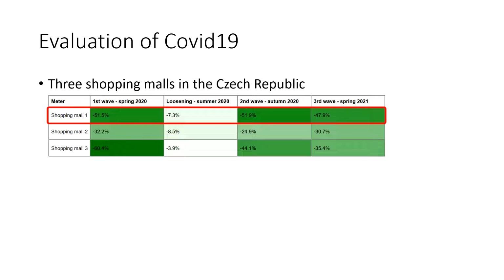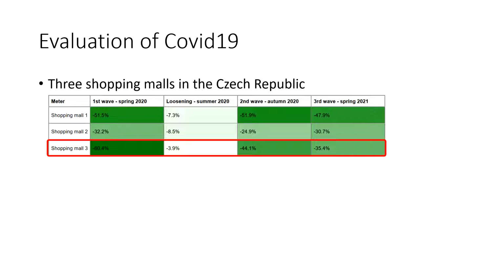Only during the loosening in summer 2020, they almost returned to normal regime. We can see a similar pattern in case of shopping mall 2, where the total level of energy savings was smaller, but again they were able to maintain almost the same level through all the lockdown periods.